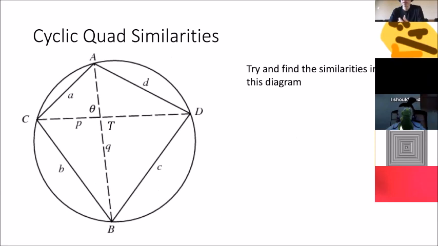So this is a cyclic quadrilateral, which is a quadrilateral inscribed in a circle. Based on Luke's angle chasing class before, you should be able to find out that some of these angles are equal, and therefore some of these triangles are similar. I want you all to draw this on your paper and try and find out which of these triangles are similar.